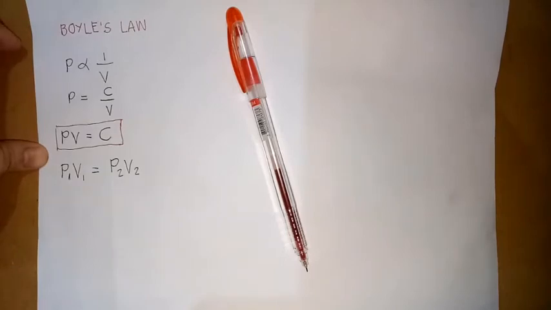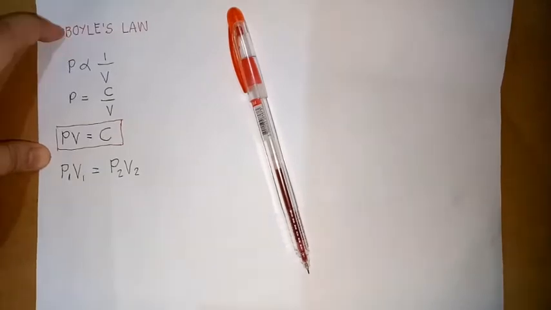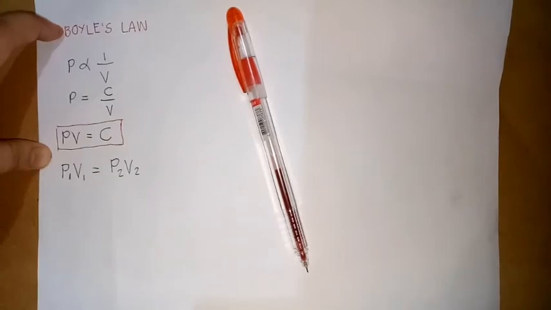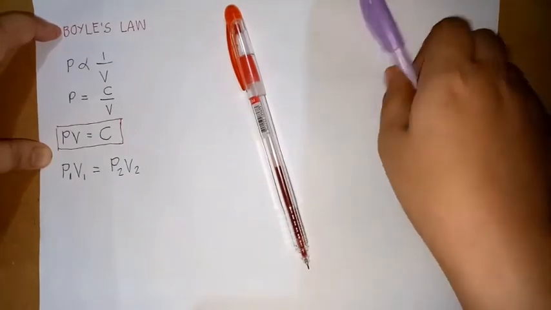Now, let us solve some examples. Let me read the problem first. The problem is: a gas tank holds 2,785 liters of propane, C3H8, at 830 millimeters of mercury. What is the volume of the propane at standard pressure? Let us take note of the givens.